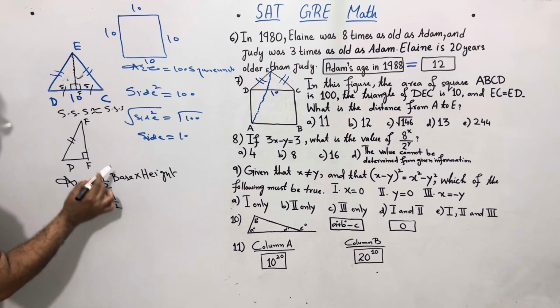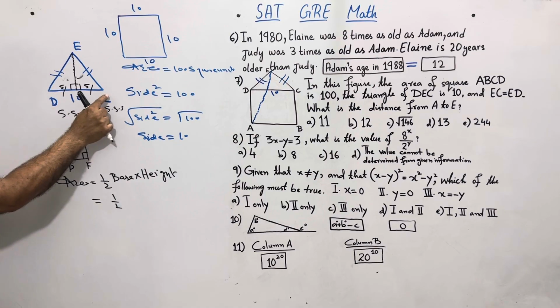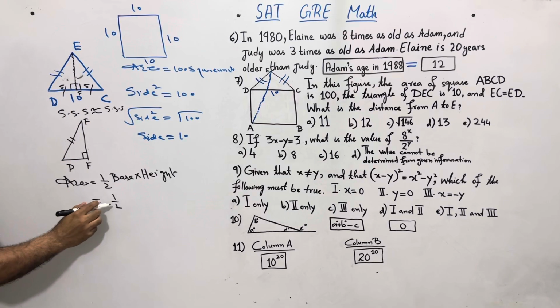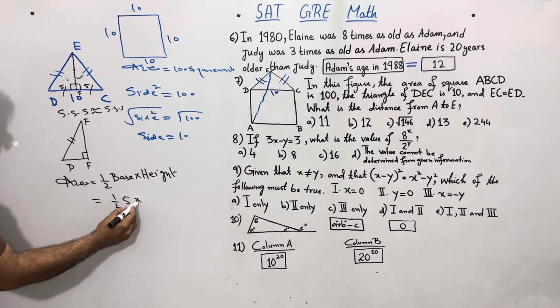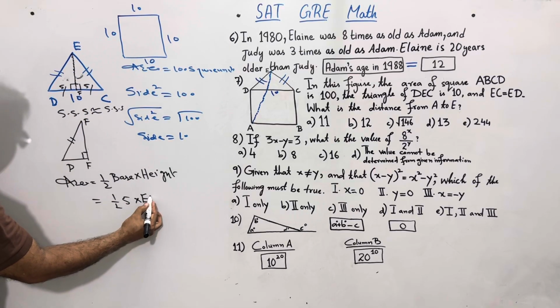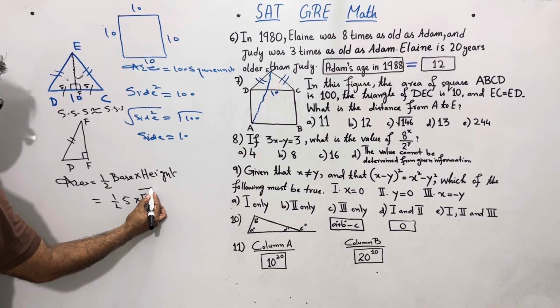What is the base? No doubt it is 5. DC is total 10, and F is the midpoint of D and C, so it is 5. Height we are interested in, means it's our EF. We are interested in finding that.